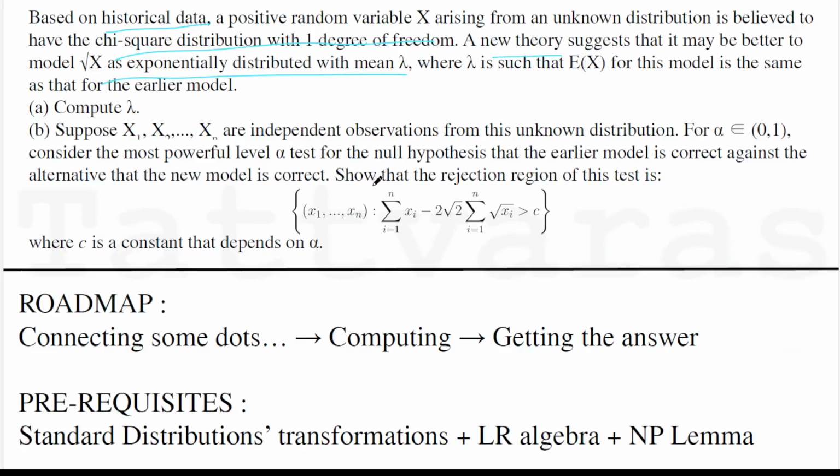Then there is a setup around it that you have to compute the lambda given, and then there is a test to determine whether the historical model is more accurate or the new model is more accurate, and you have to work around the critical region of that test. All in all, a very interesting inference problem.